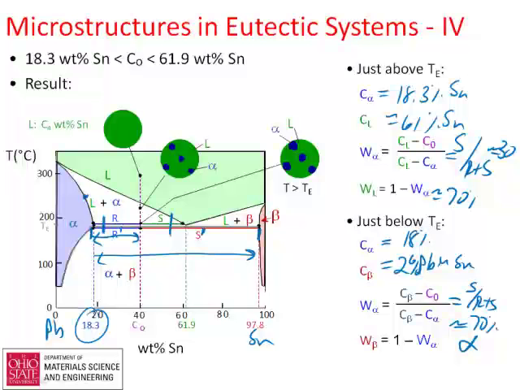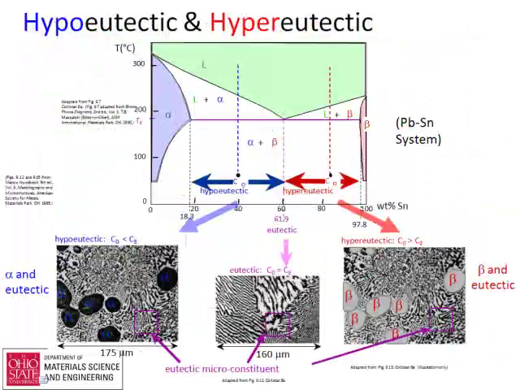Okay, and so when we look through that, you'll see that these alpha particles you made persist, and then the liquid turns to eutectic, so you see these particles in a eutectic matrix. We'll show some pictures of that here in a second. So that's what you end up seeing.